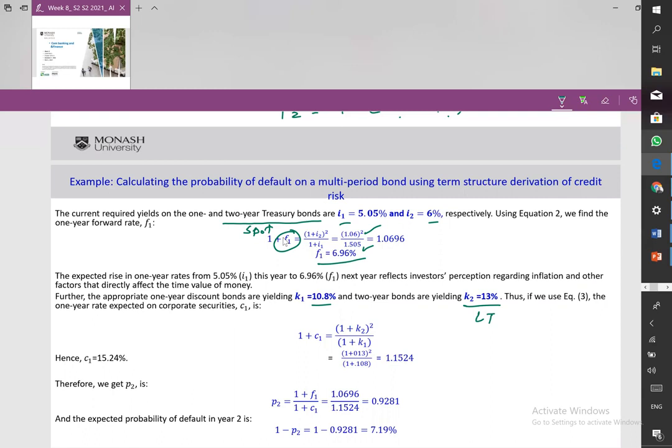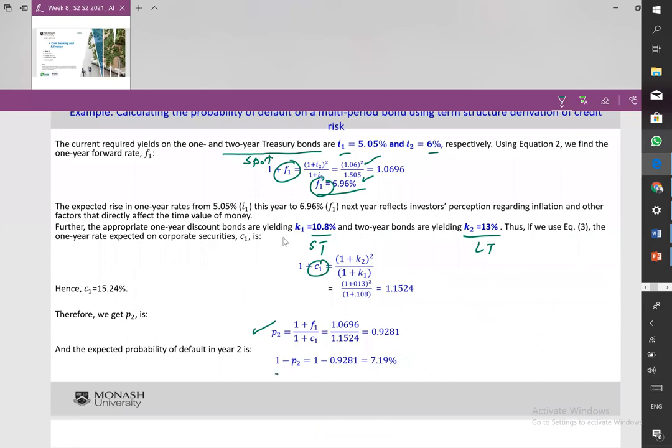They offer me now in time 0. Then I can calculate, if I get the F1 and I calculate the C1, I can calculate actually the B2, and then I can calculate the default over the second year, or the probability of payment of the second year.